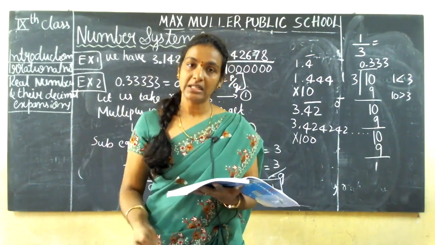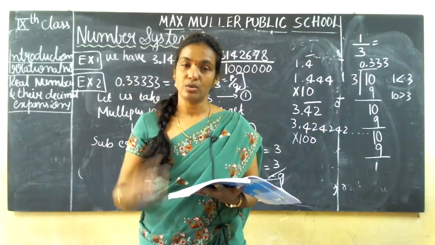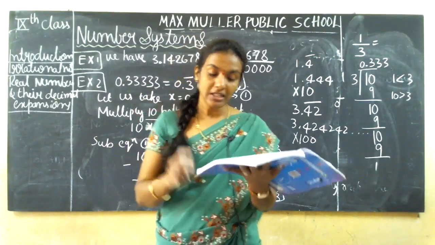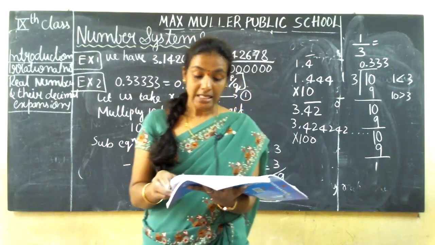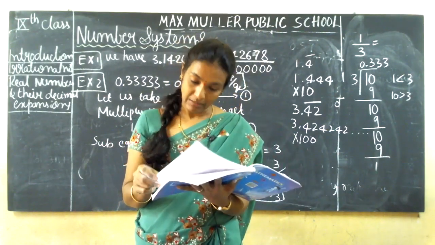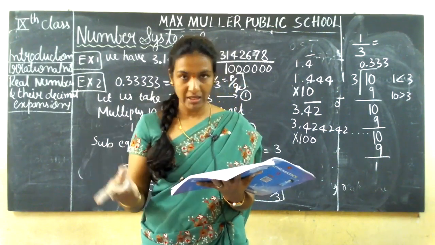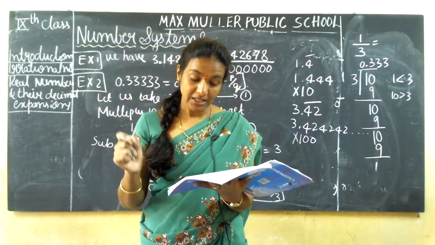Non-terminating, non-recurring, non-repeating also. It will not repeat and it will not terminate. Clear? That kind of number you can call an irrational number. Then the decimal expansion of a rational number is either terminating or non-terminating recurring.